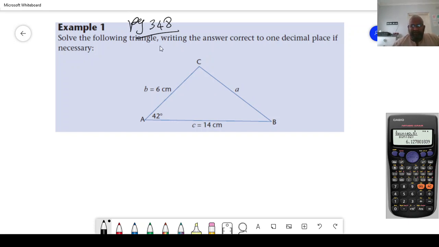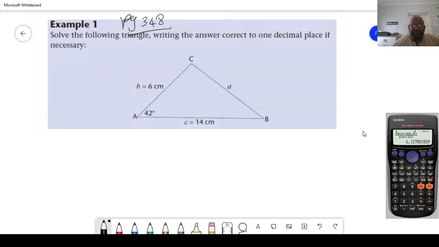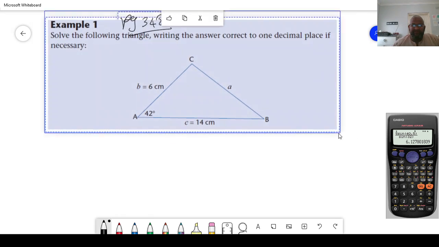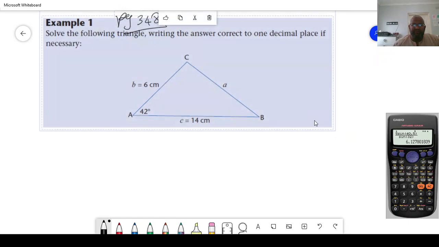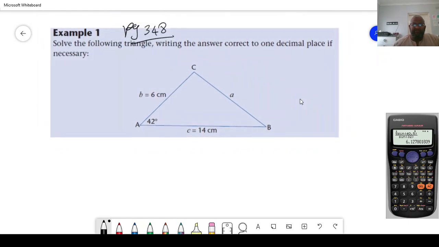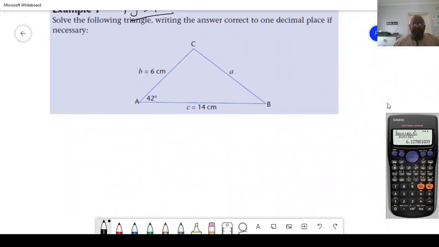So if you consider what we have here, okay, let's make it a bit smaller. Okay, so as you can see, what do we have? We have two lengths and an included angle.